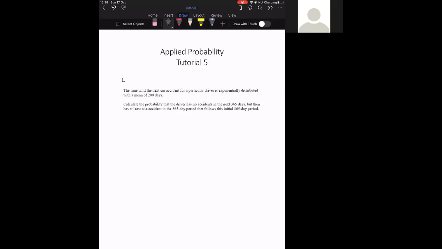So we know that if x is the time until the next car accident, then x is exponentially distributed with a mean of 200 days, which means that lambda is equal to 1 over 200, which just means that our PDF looks like this: lambda times e to the minus lambda x.